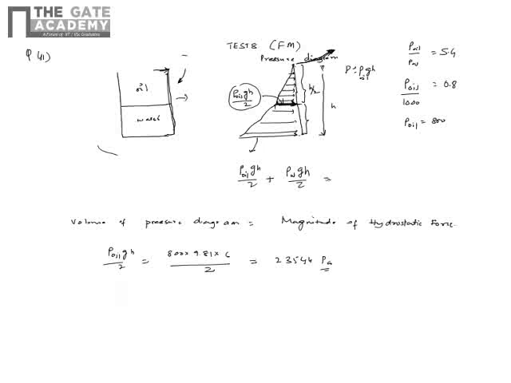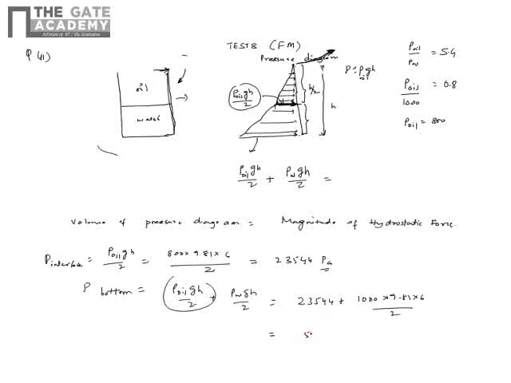The pressure at the bottom would be rho oil g h by 2, the same thing, plus rho water g h by 2. So 23544 plus water density 1000, g is 9.81, h is 6 by 2. If I add up, I get 52974 pascals.